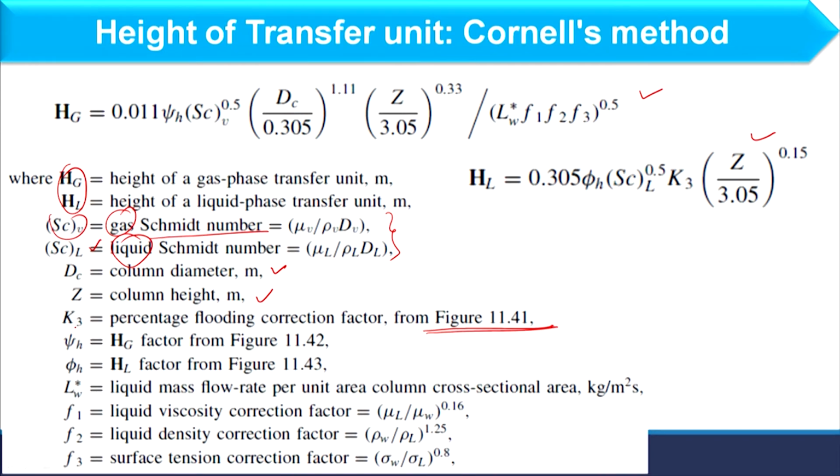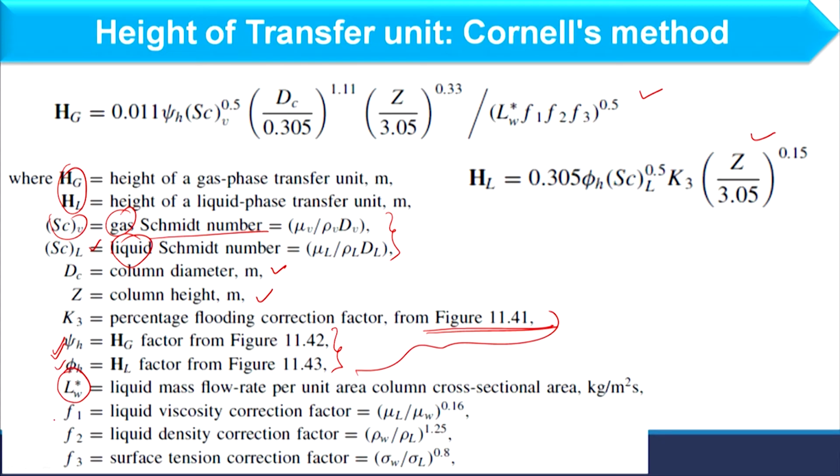And phi h as well as psi h are basically the Hg factor and HL factor, and can be obtained from figure 11.42 and 11.43 respectively. These figures are given in Richardson-Coulson volume 6, available in the 4th edition of that book.